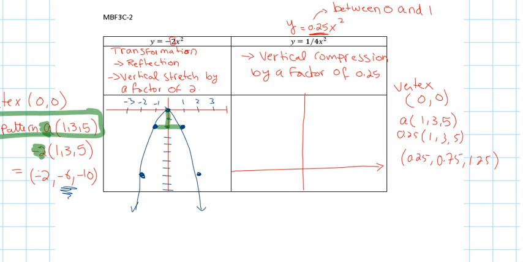My y-axis scale is not going to go up by 1. What would you choose for your y scale? You're going to choose 0.25, it makes sense. If I go up by 0.25, 0.5, 0.75, 1, 1.25, 1.5, I can locate my points easily.